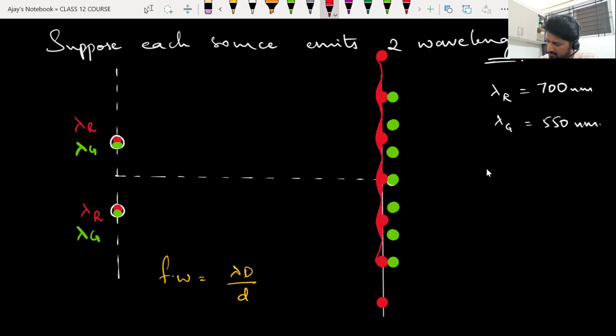So red colored light will be seen on the screen, and along with that you will see green colored light as well.